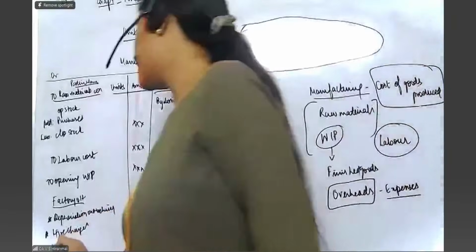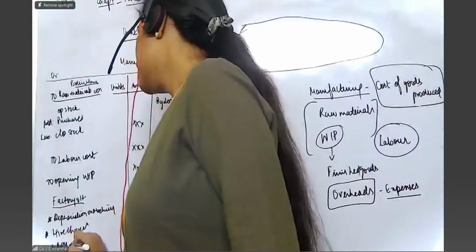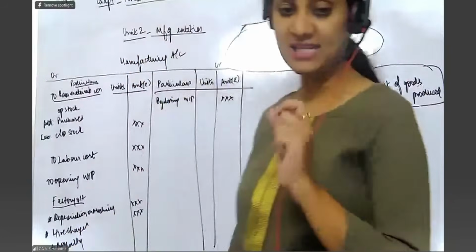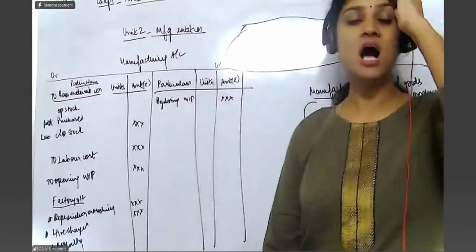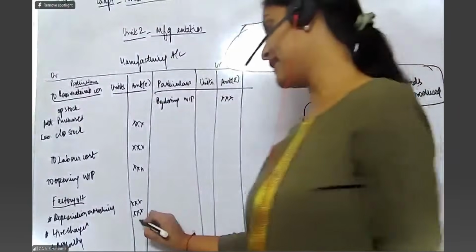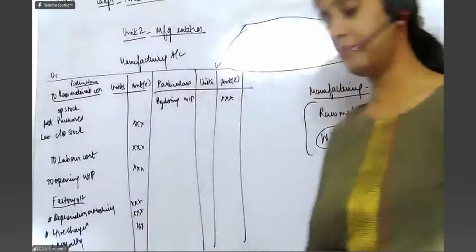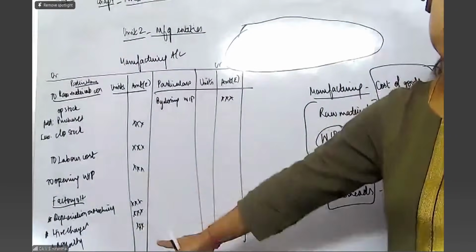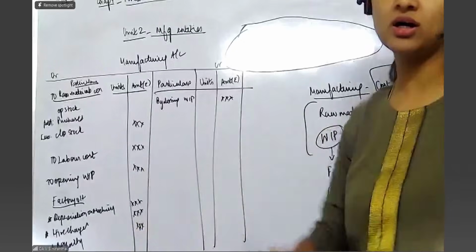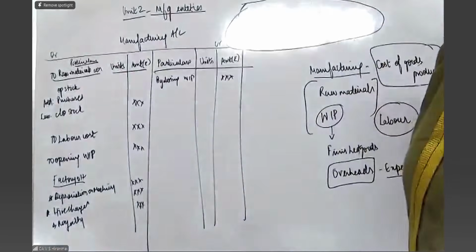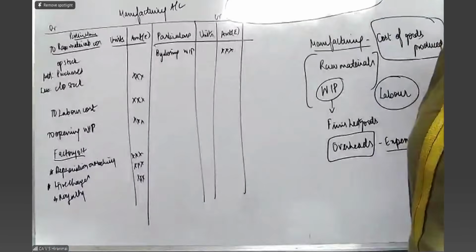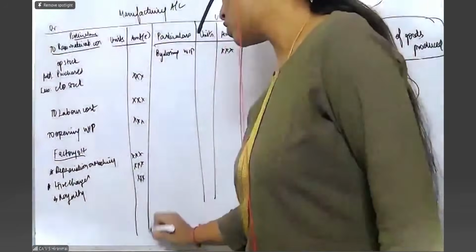So that is called royalty. For every vaccine they produce, they should give an amount to the original patented company. So all of these charges are directly related to your production. They will come under the direct overheads or the factory overheads, or you can also call them prime cost.